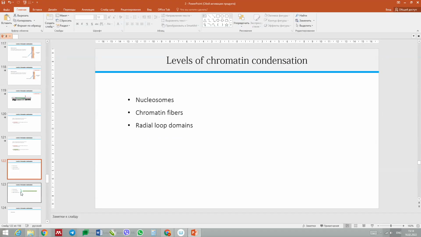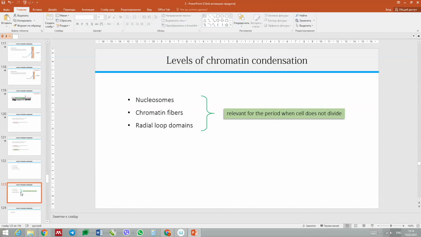So, to summarize levels of chromatin condensation: nucleosomes, chromatin fibers, radial loop domain. All these three-dimensional structures that are used for condensation of DNA are relevant for the period when the cell does not divide.